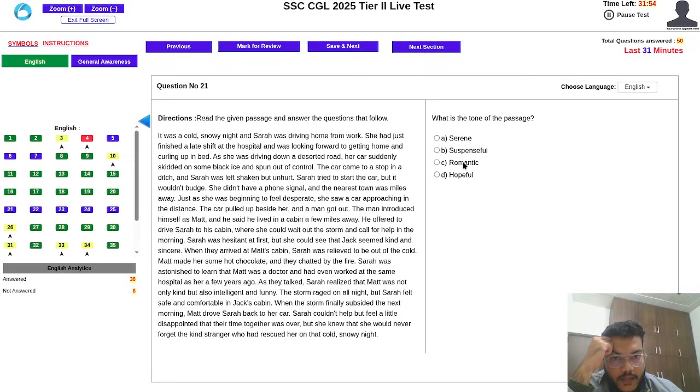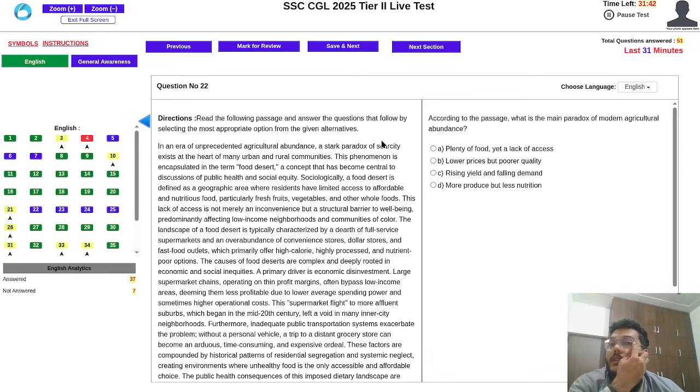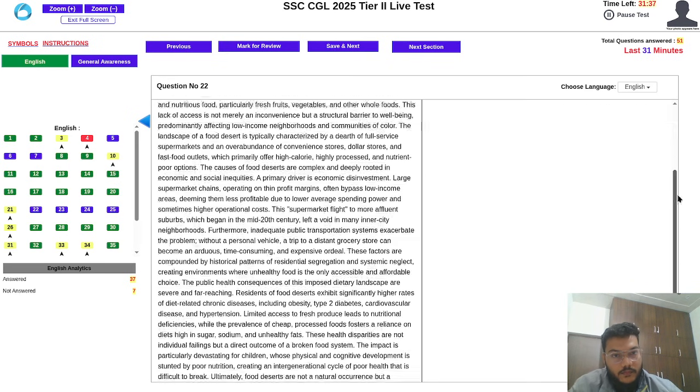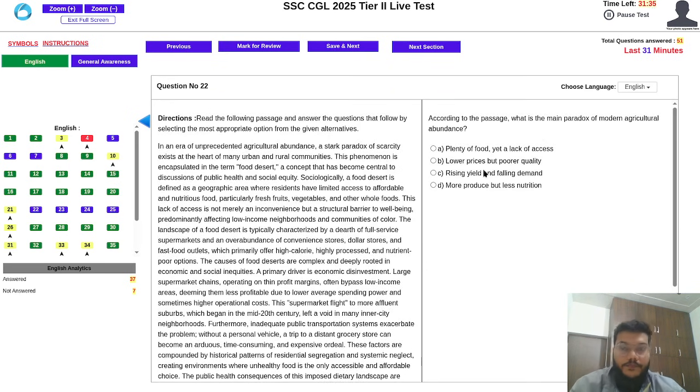Hopeful नहीं है, romantic नहीं है, serene, suspenseful. In an era of unlimited abundance, storage produces scarcity, which is that.